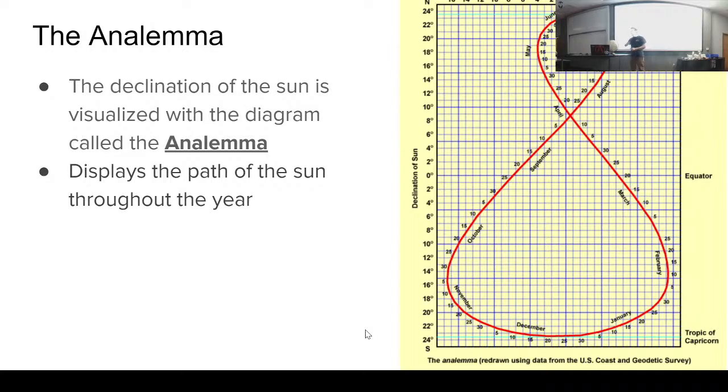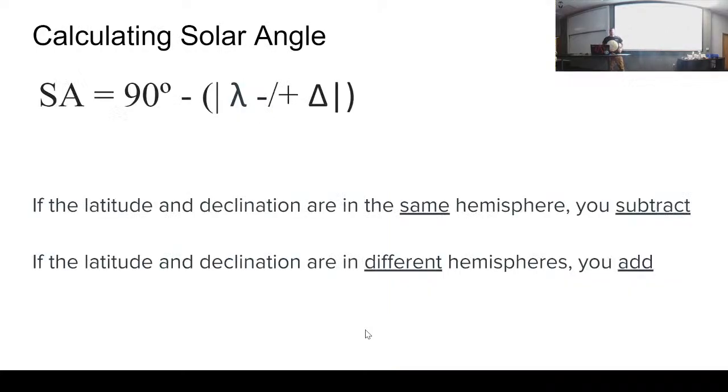So as we go around the sun throughout the year, okay? And you can see that this diagram has 2 axes listed. So the one is the actual declination of the sun, and the other is where it is compared to the equator. Okay, and you will see that the equator will be right here. Okay, so right in the middle of the analemma.